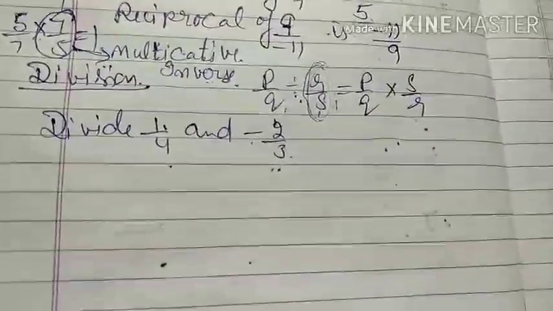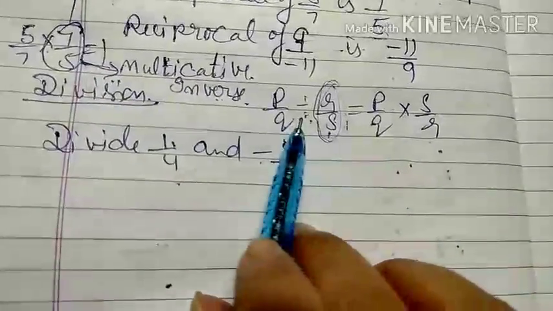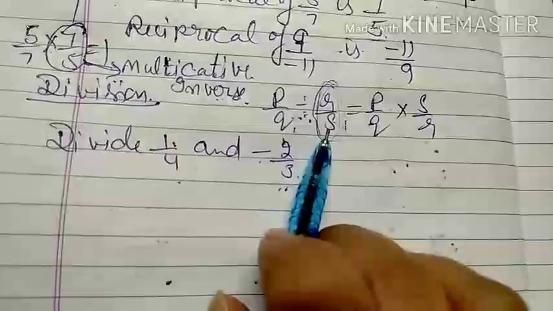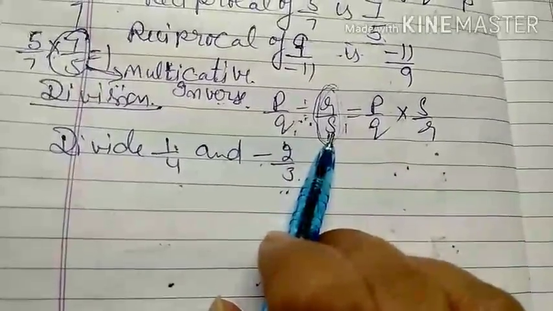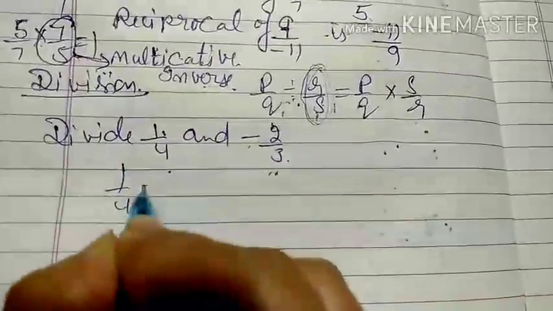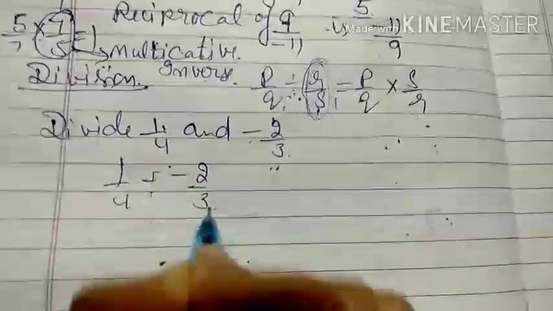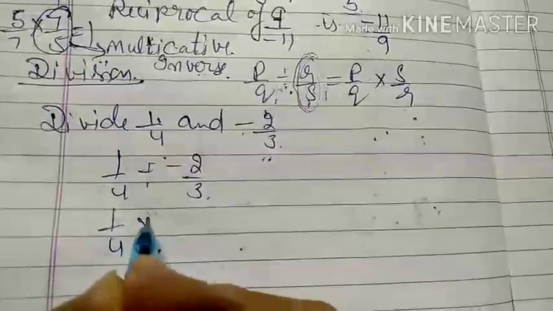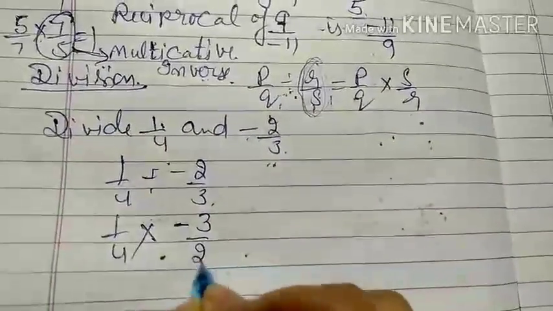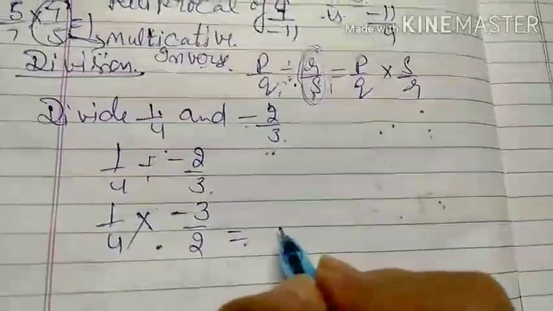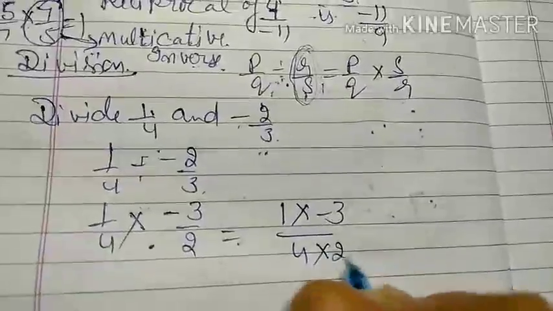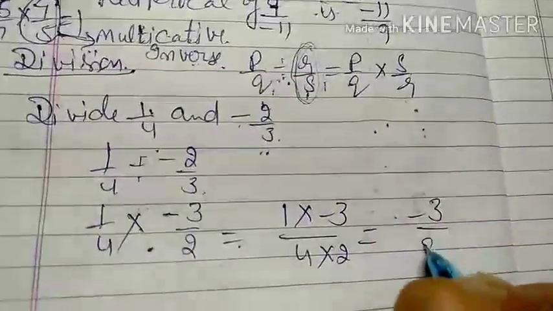In other words, when you change divide into multiply, for the fraction written after the division we write its reciprocal. So 1 by 4 divided by minus 2 by 3 changes to multiply with the reciprocal of the number. Then apply the multiplication rule: 1 into minus 3, 4 into 2, is minus 3 by 8.